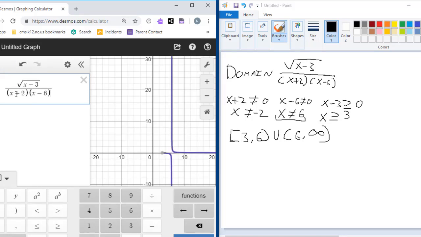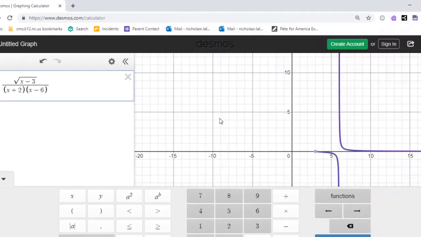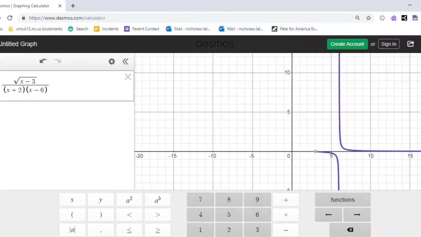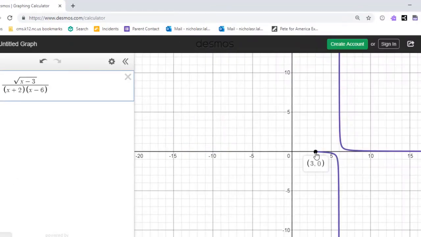All right. So here, if you graph the function on Desmos, you can also find the domain if you know what to look for. We can see that all the x values start at 3. There are no x values to the left of 3. So our x values start at 3, and then we approach 6, but we never touch it.